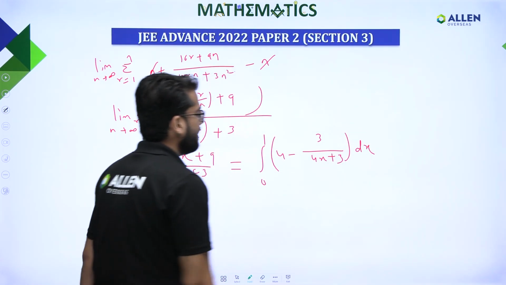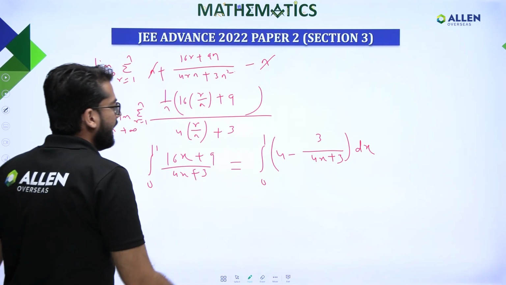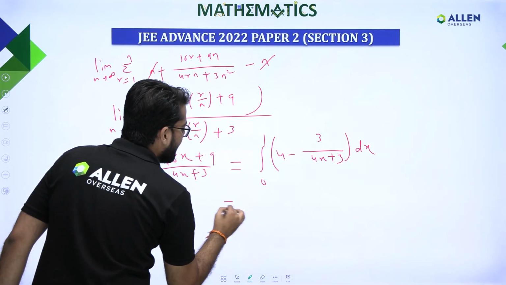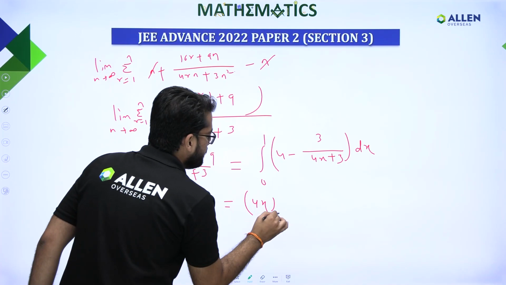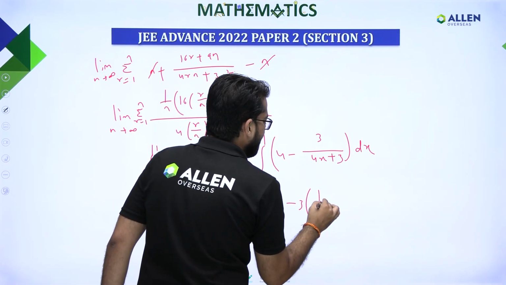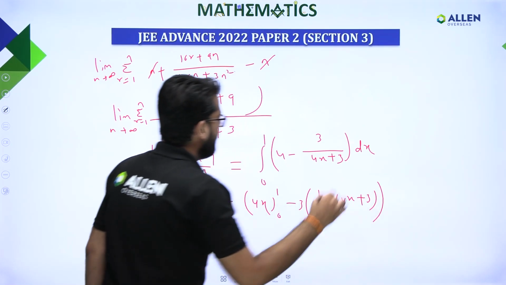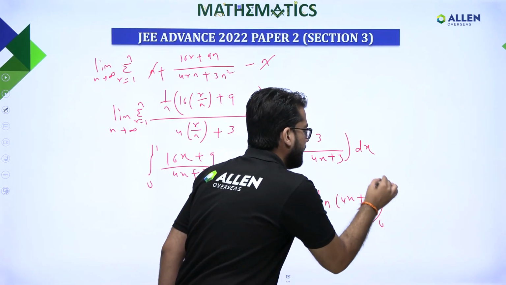And now we can apply the integration, and here we have the 4x only, yes, and here we have, because of this linear, here we have 3 ln 4x plus 3, and here we have 0 to 1.